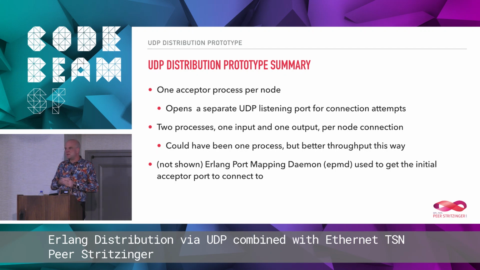We abuse EPMD to figure out a port number for the other end, because that's what EPMD does, port mapping. And we use this as a UDP port number at the same time. And that just works. So we also have the two processes. I'm getting confused now here. Yeah, that's about it.